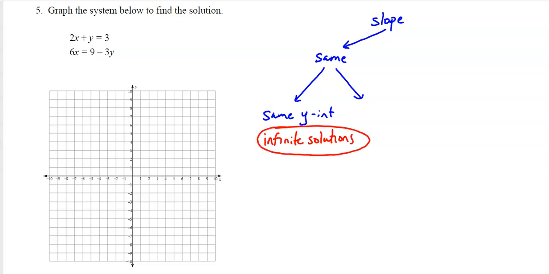Now, if you find the slopes the same, and then you look at the y-intercepts, and you're like, oh man, you guys have different y-intercepts, well, then that tells me that we have no solution, aka we are parallel. Or this one meant you're right on top of each other. You're the same line.